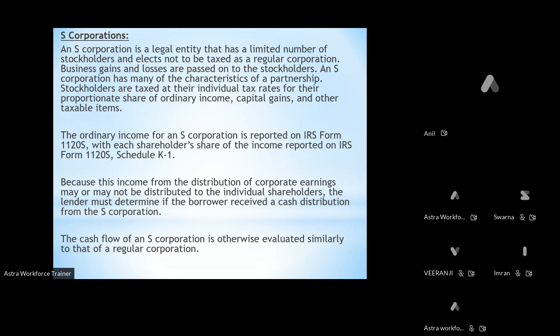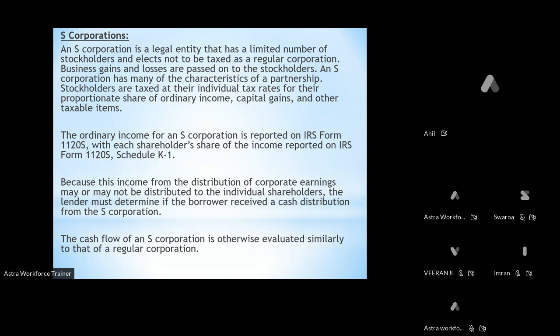The ordinary income for an S corporation is reported on IRS Form 1120S, with each stockholder's share of the income reported on IRS Form 1120S, Schedule K-1. Because income from the distribution of corporate earnings may or may not be distributed to the individual shareholders, the lender must determine if the borrower received a cash distribution from the S corporation. The cash flow of an S corporation is otherwise evaluated similarly to that of a regular corporation.